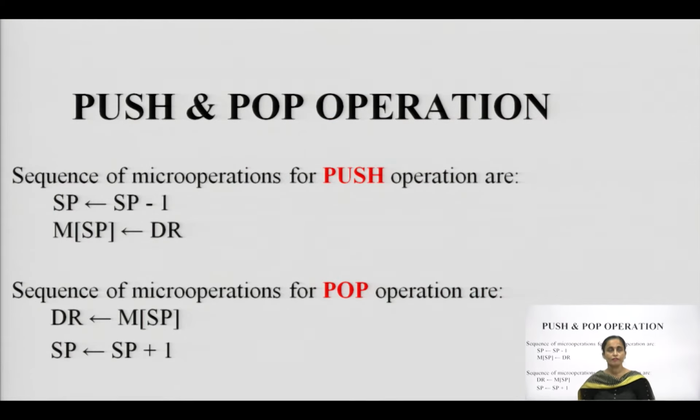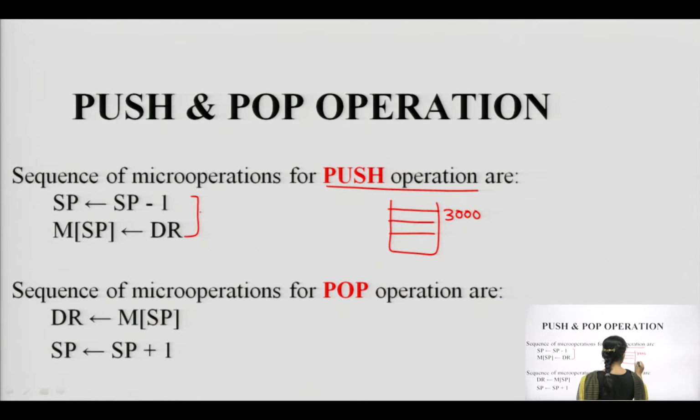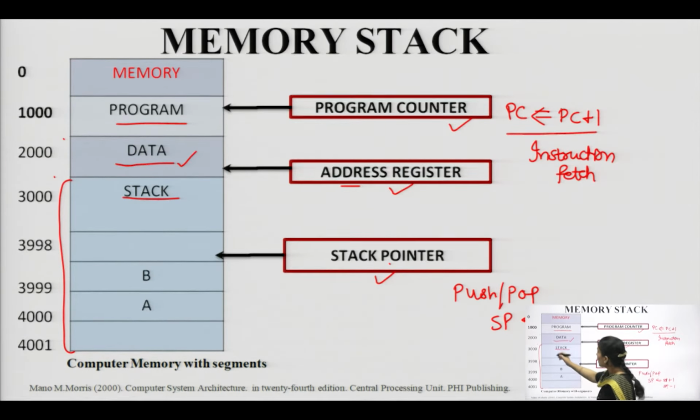The sequence of push operations is, when we are doing the push operation, the stack pointer will be decremented first. Here I have taken the address locations 3000 to 4001, as from the previous slide it will be very clear.